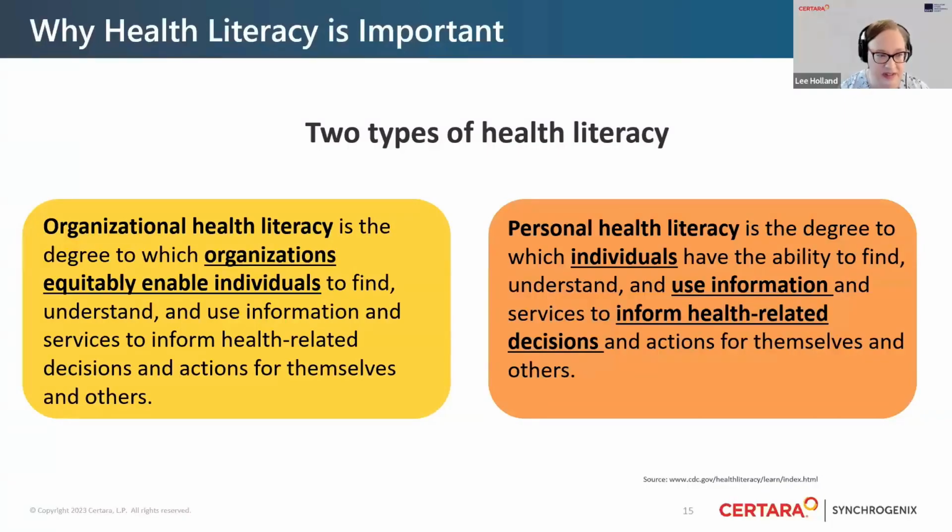Organizational health literacy is the degree to which organizations equitably enable individuals to find information about healthcare, and that helps them inform their health-related decisions. So basically, organizational health literacy is how well organizations provide information to the general public to be able to make informed decisions about their healthcare.